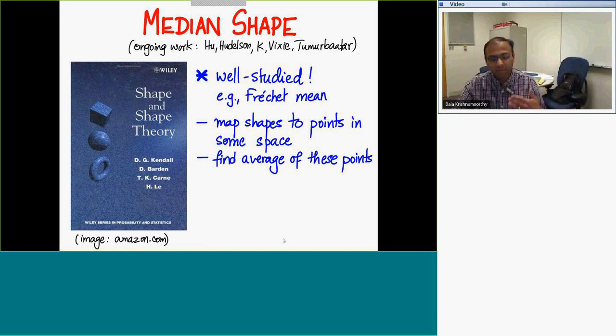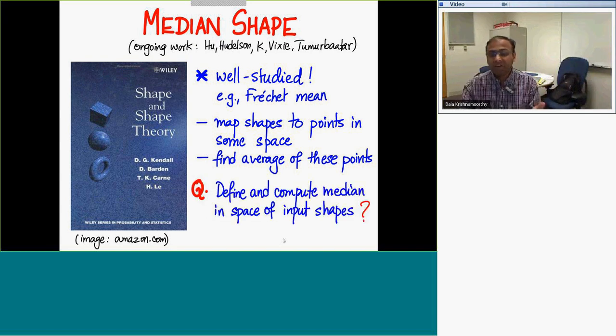Here, can we actually compute these averages in the same space as the input shapes? There is no good way to map them to such higher dimensional spaces. But I'm interested in whether, in general, we can define and compute medians or averages of shapes in the space of the input shapes themselves.